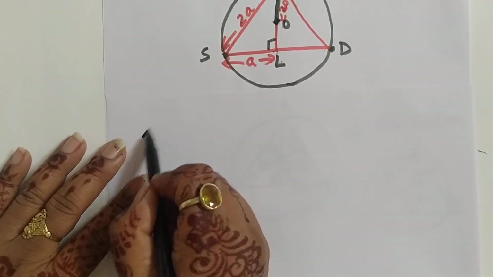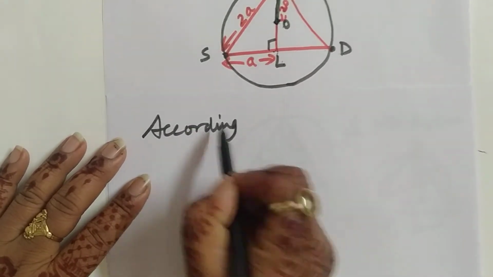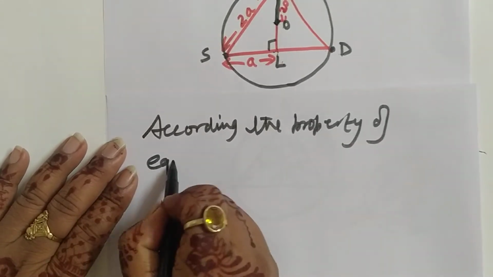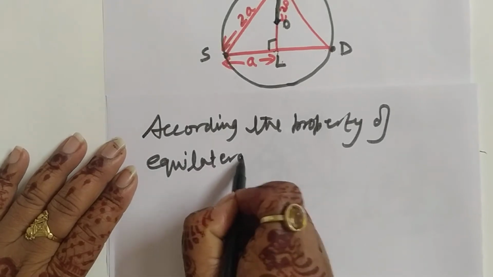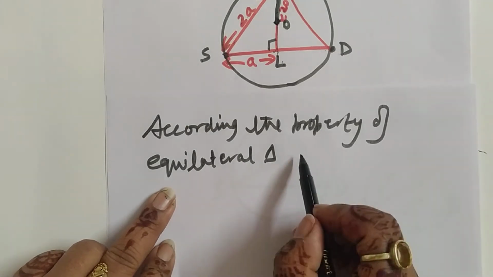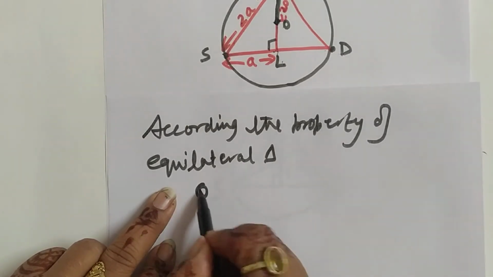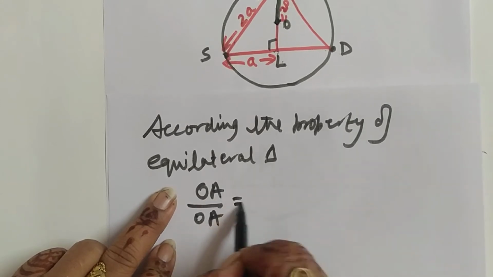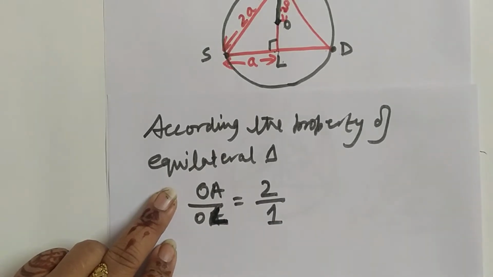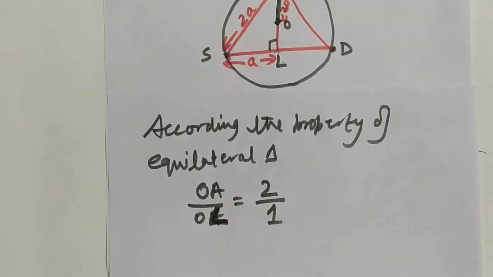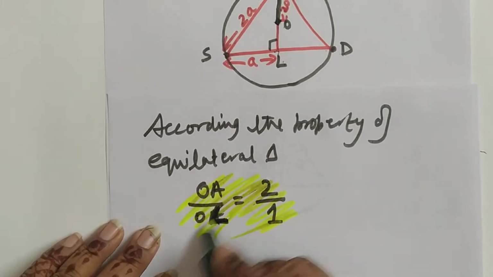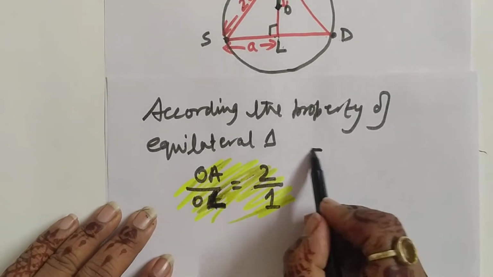So according to the property of equilateral triangle, OA upon OL is equal to 2:1. Yes, medians intersect at 2:1 ratio in equilateral triangle. That you have to remember.